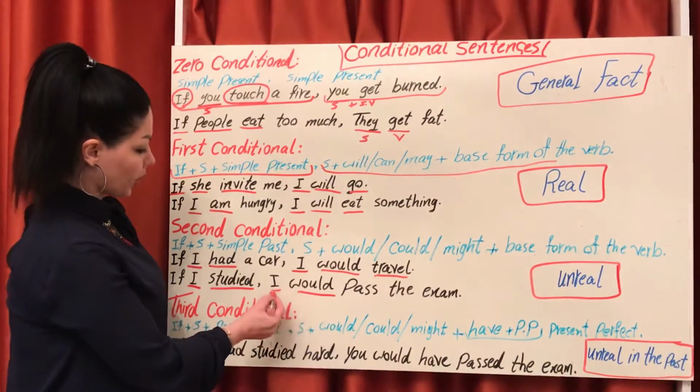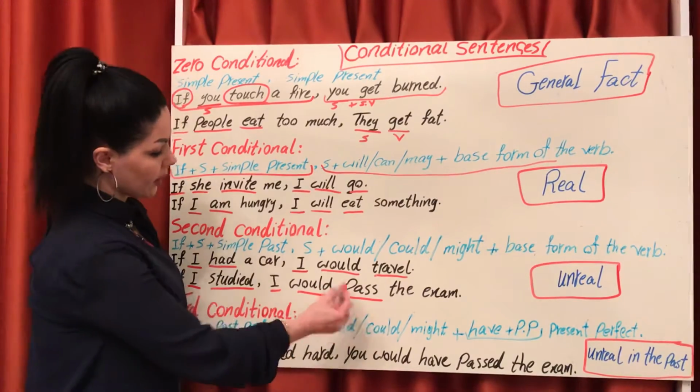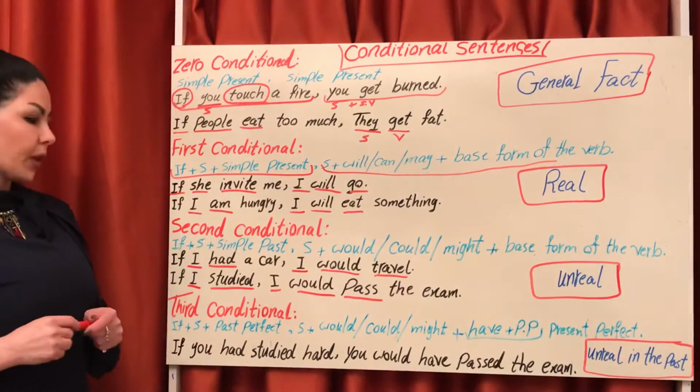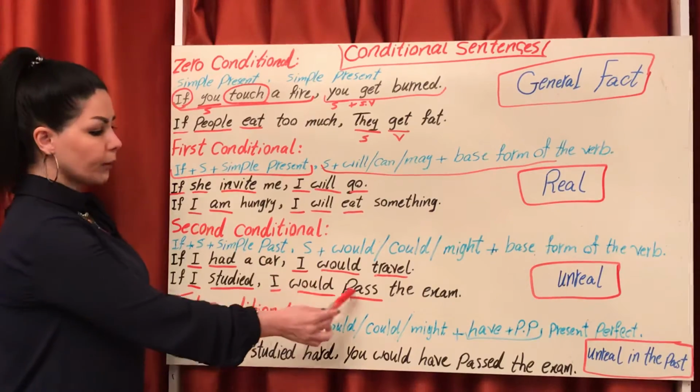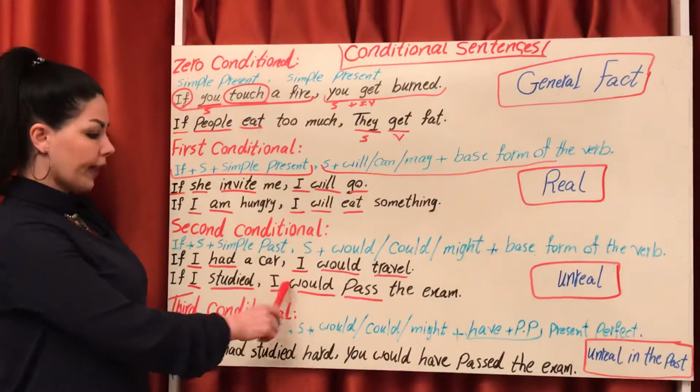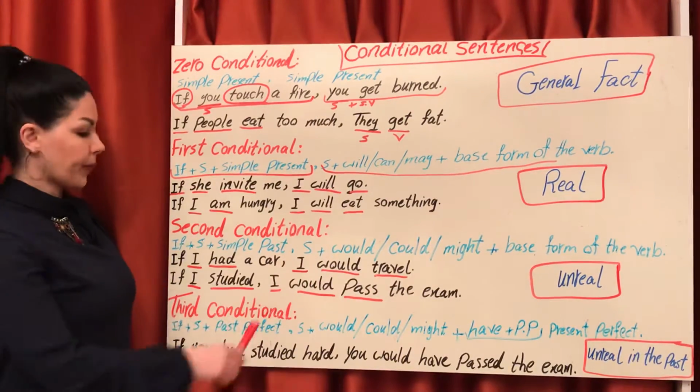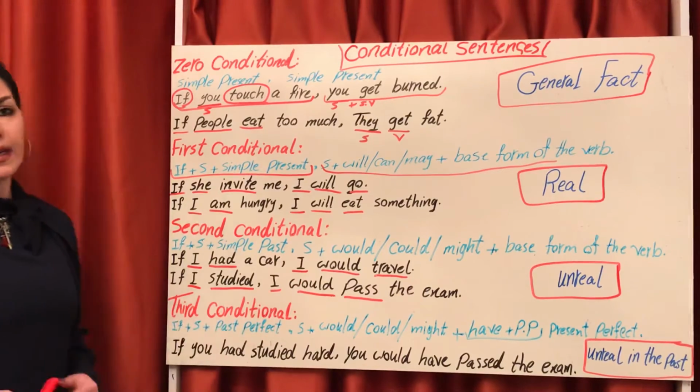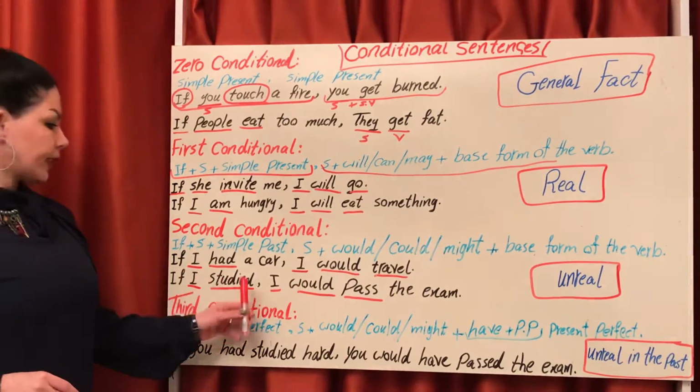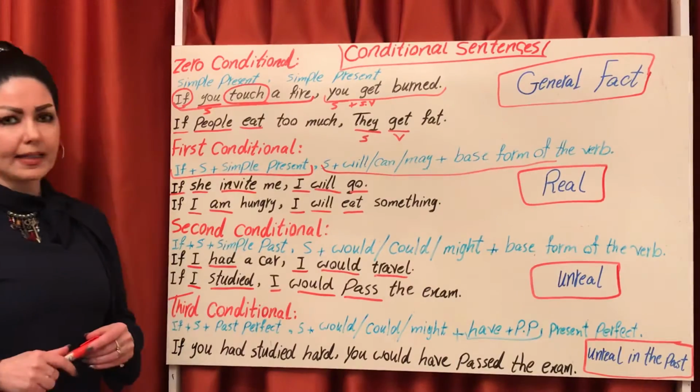Would: subject plus would plus base form of the verb. I would pass the exam. I could pass the exam. I might pass the exam. So, if I studied, I would pass the exam.